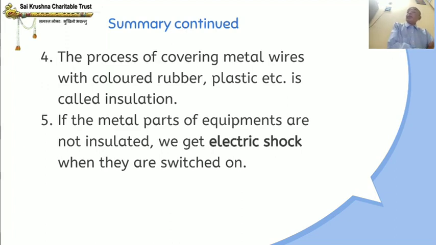And sometimes what happens is, in some cases, when the switch is on, there will be a glow in the tester. But if the voltage is too high, say suppose, then even when the switch is off, sometimes there will be a glow in the bulb present in the tester.